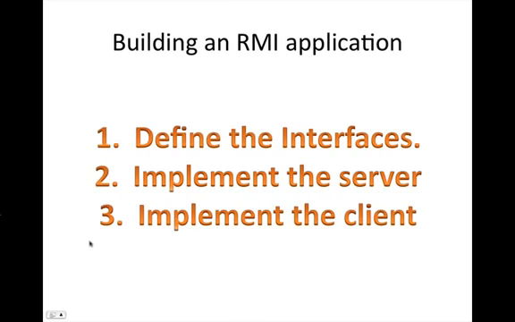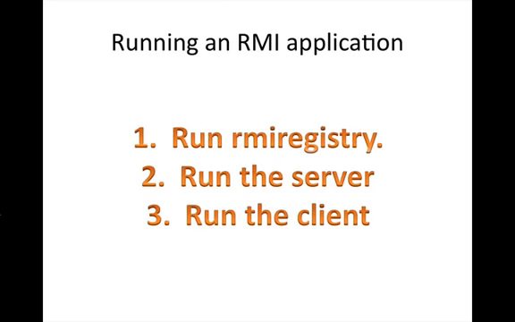So building an RMI application is quite straightforward. First of all, what we need to do is define the interfaces of those objects that we're going to host on a remote process somewhere on the network. And then we need to actually implement those interfaces. So these would be the object implementations that our server is going to host. And then finally, we need to implement the client code, where we actually access those remote services.